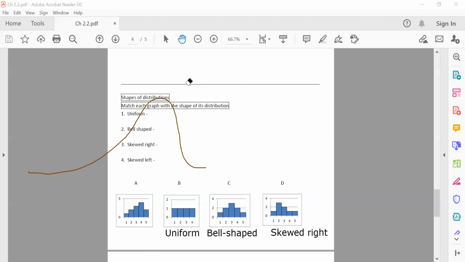It's like someone pulled it to the left. It's going to be the leftmost one there. So those are going to be basically the 4 different shapes that we're going to be interested in studying.